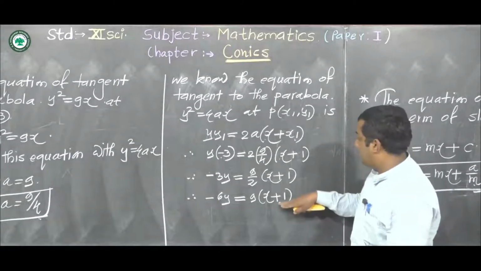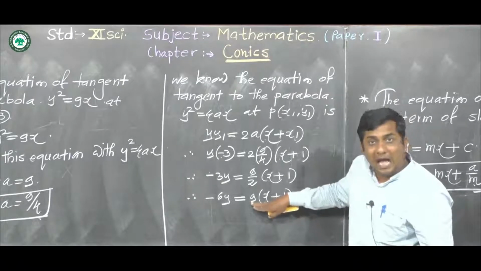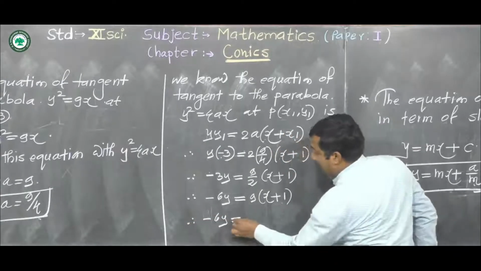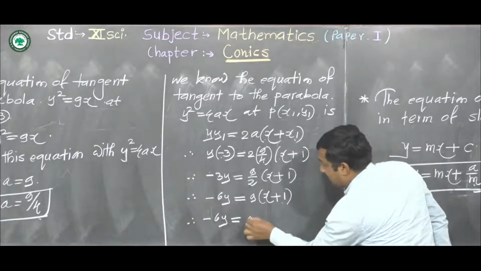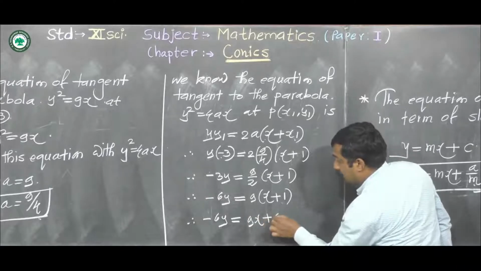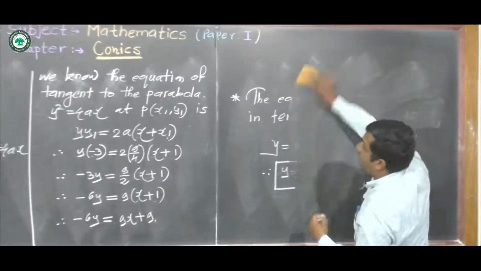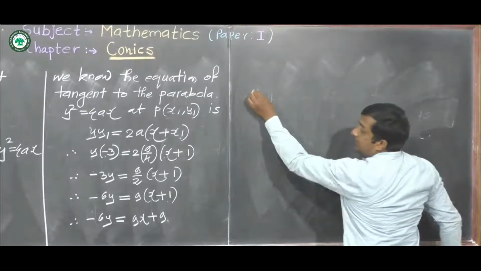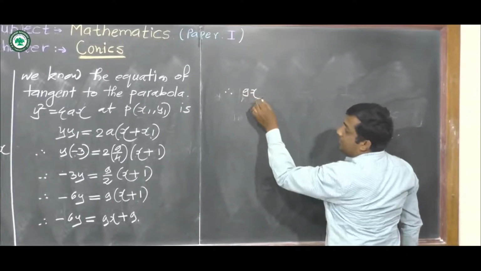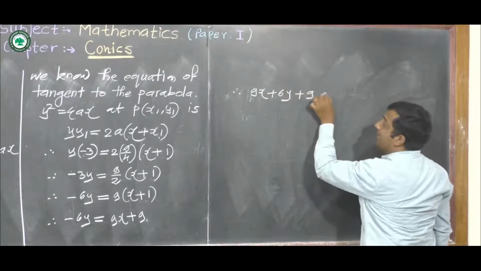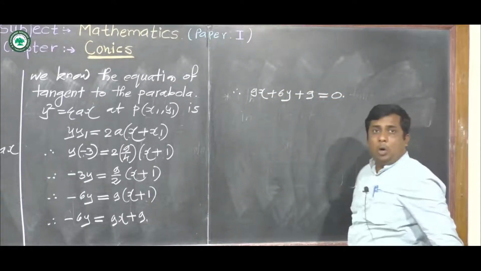Let's multiply this bracket by 9. If we multiply, we get here -6y as it is, then in RHS, 9x plus 9. Then in next step, I write this as 9x plus 6y plus 9 is equal to 0.